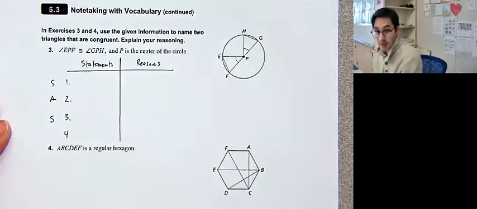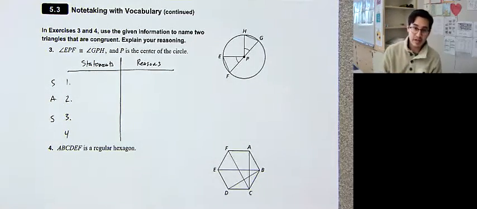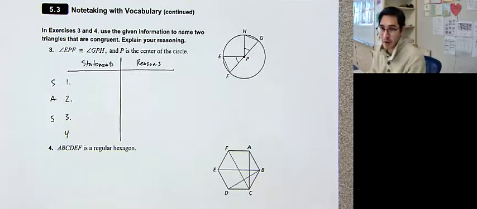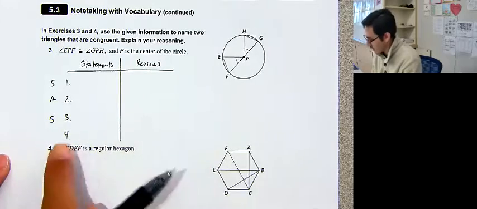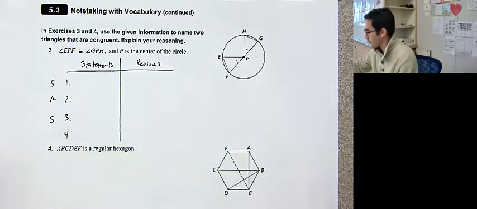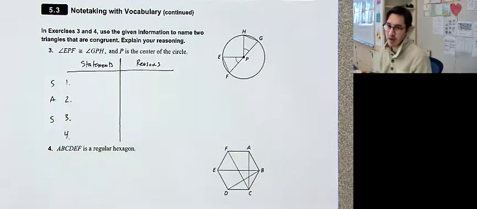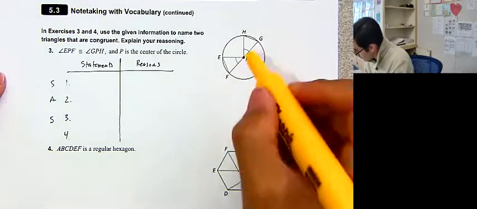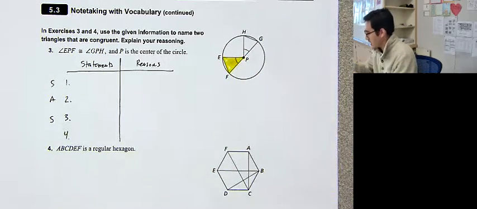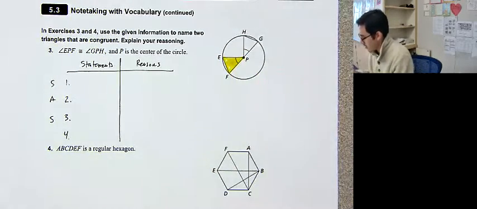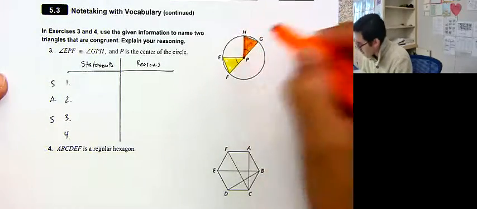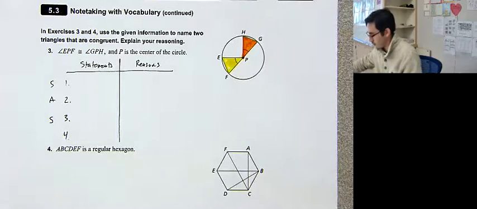Lines 1, 2, and 3 are going to be the statements about the side angle side pairs of congruent parts, and number 4 is going to be the names of the two triangles that are congruent. You can probably tell which ones they are. It's this one right here, which I'll color yellow, EPF, and this triangle over here, which I'll color in orange.